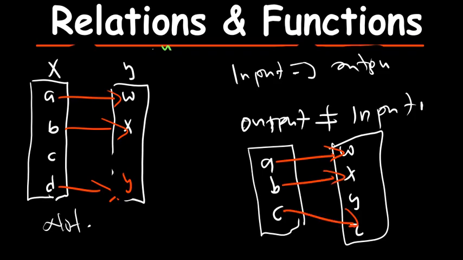So at least every input has got an output. We don't care whether the output has got an input. We do not care about that. So this is a function.